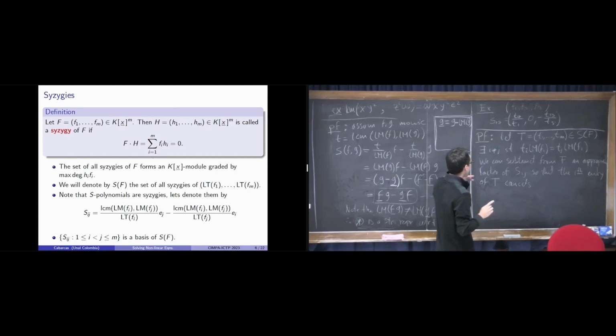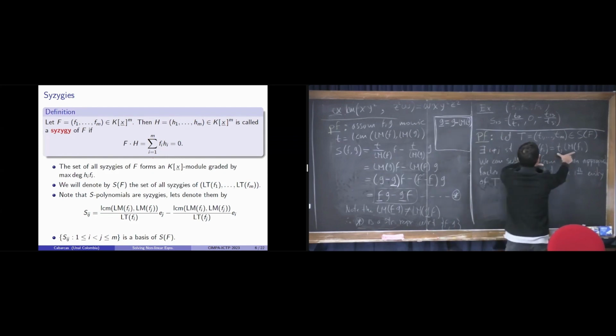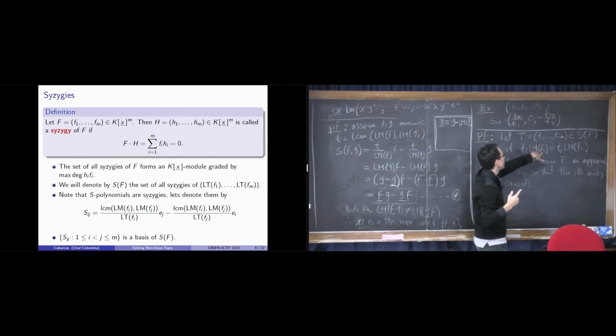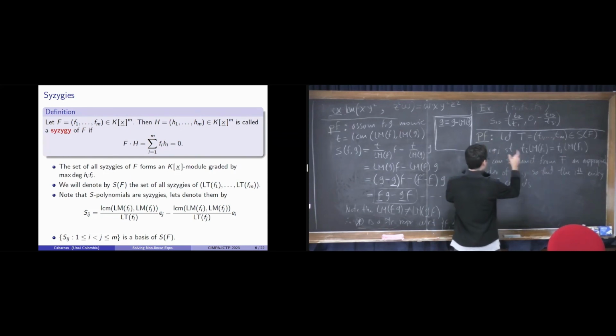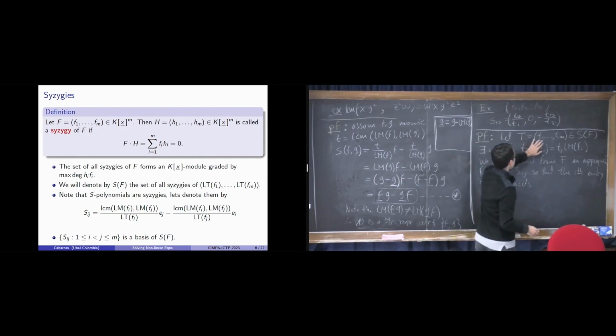Why is that possible? Well, because these two things are equal, this must divide the least common multiple of the leading terms of Fi and Fj. And that's precisely the leading term we get in the Sij. So we can multiply Sij by appropriate monomials, subtract it from T, and get this cancelled.